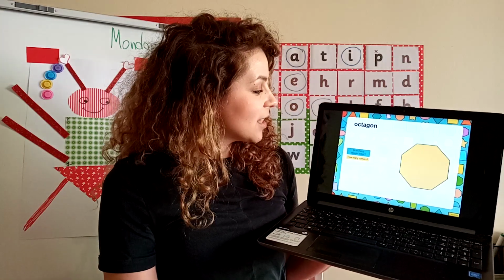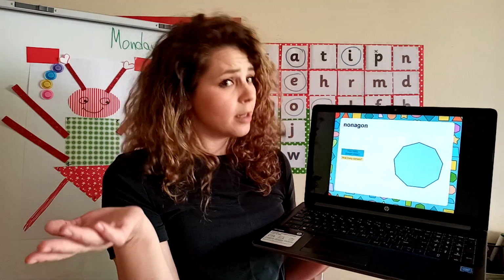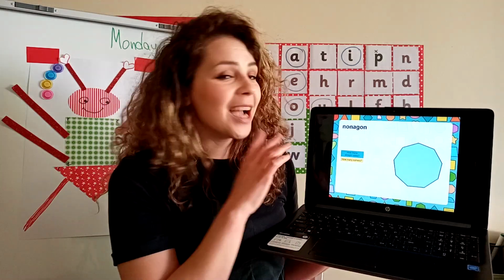That would be a heptagon. And this is an octagon, which has 8 sides and 8 corners. Wow, a bit tricky words. And the last one, nonagon, which has 9 sides and 9 corners.